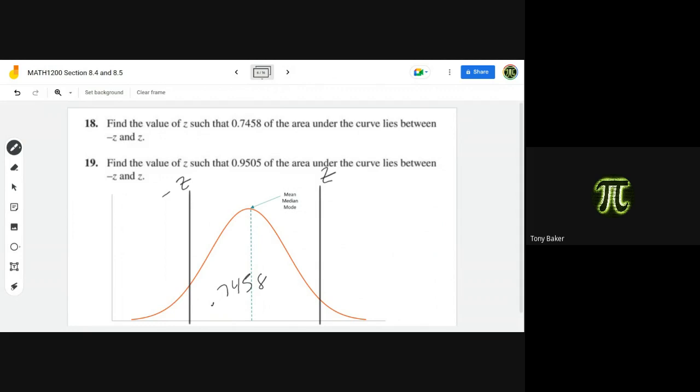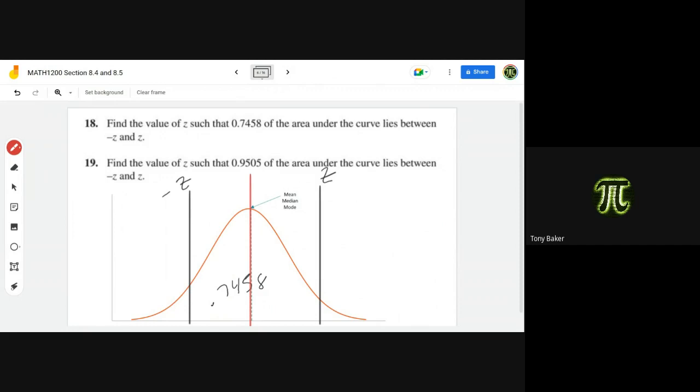So your goal is to figure out what piece I need to find so I can look at my table and find the answer. Well, if I'm splitting this in half, so let's just look at the middle here. If I split this down the middle, how much is going to be on this side of that 0.7458? It's going to be exactly half of it.